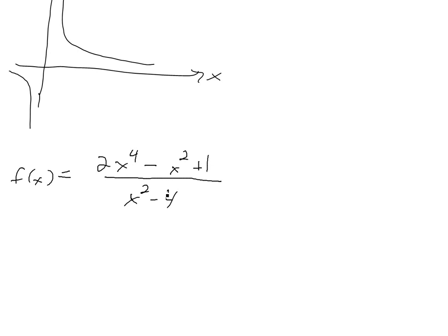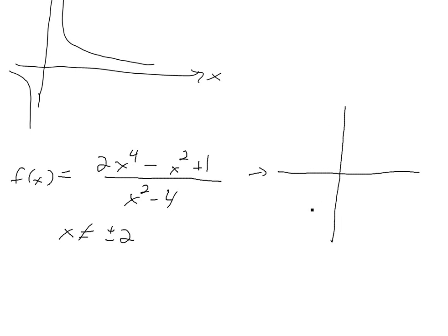That's polynomial 1 and polynomial 2, so this is a rational function. Here the denominator can equal 0, so x can't be plus or minus 2, because if you put plus or minus 2 in there, you'll get 0. 2 squared is 4.